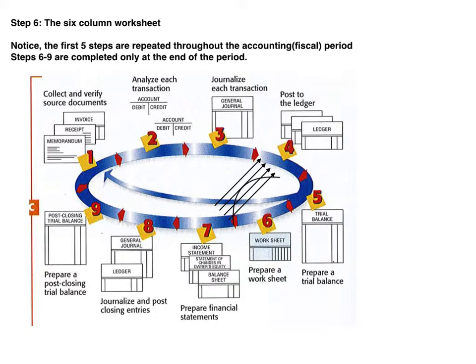Step 4, after they've been journalized, we post these journal entries to the ledger. Step 5, we create a trial balance, and the trial balance helps us to know that yes, things are in balance. And now finally, we get to step 6, which is preparing the 6-column worksheet, and we'll look at that now.